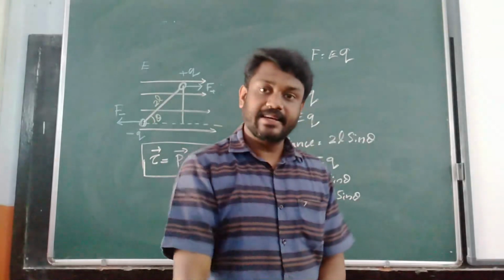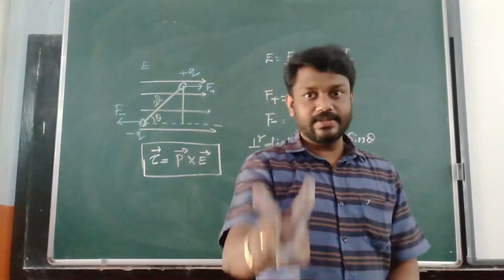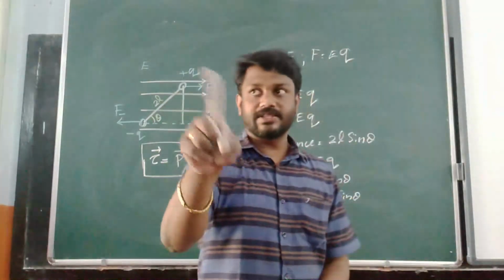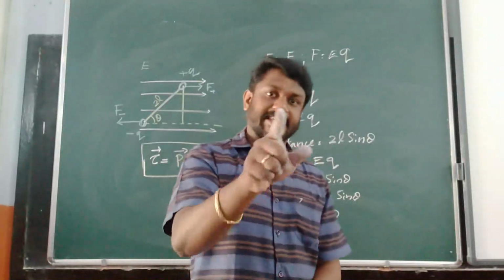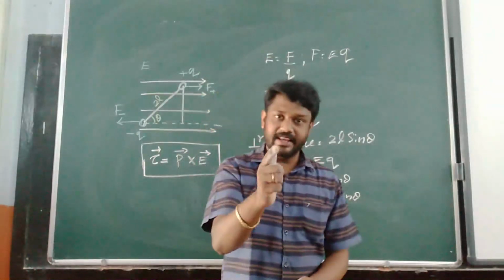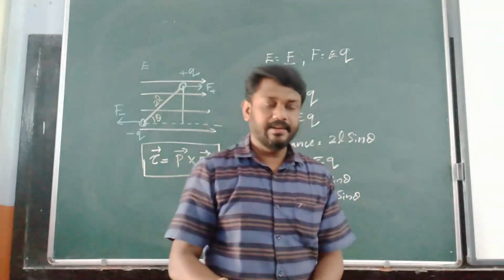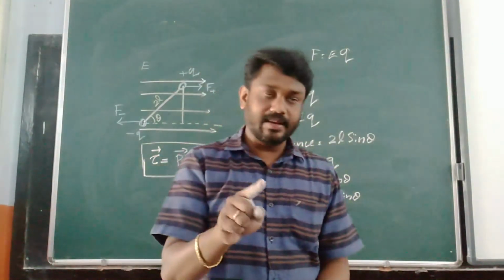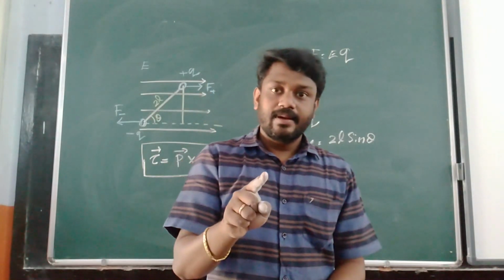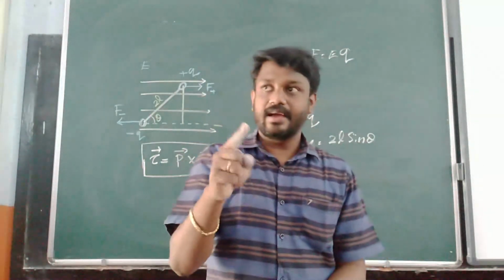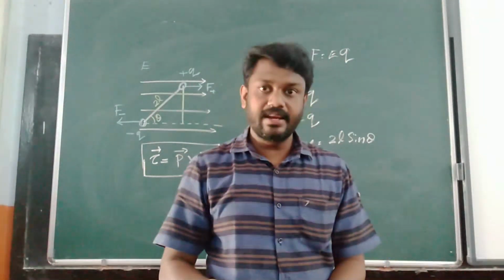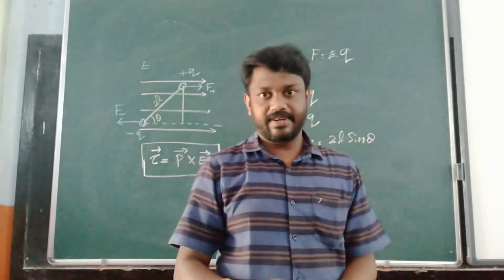It will experience a translatory motion, because then the forces acting on plus Q and minus Q will not be the same. That is the reason it experiences no translatory motion in a uniform field, and a translatory motion in a non-uniform electric field.